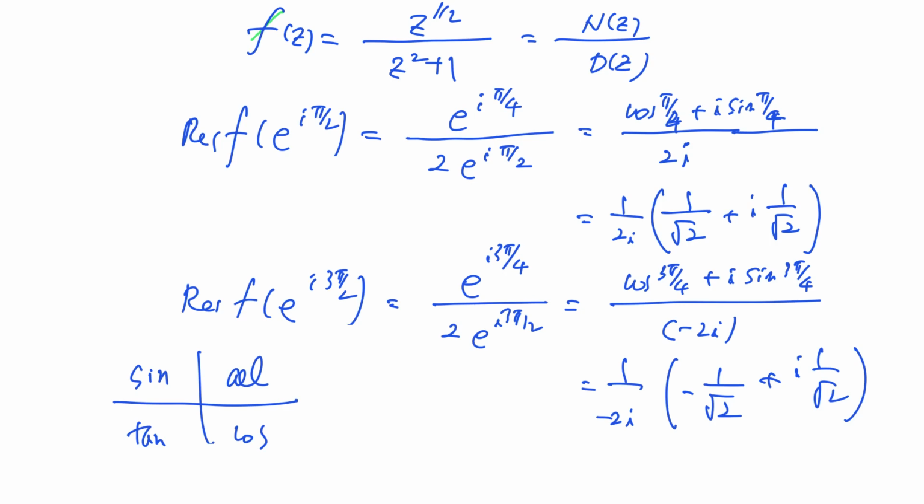Probably you remember from freshman year in high school: all, sine, tangent, cosine, right? Everything is positive, sine is positive, tangent is positive, cosine is positive. So 3 pi over 4 is in this region, so sine is positive. If you add them together, what happens?